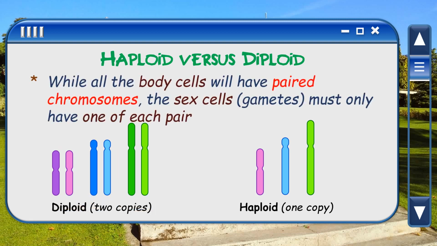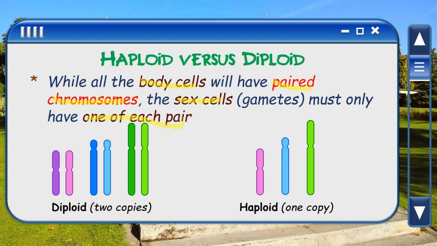While all body cells will have paired chromosomes, the sex cells, those are the gametes, must only have one of each pair. Here we are looking at the body cells, the cells that are not concerned with sex.